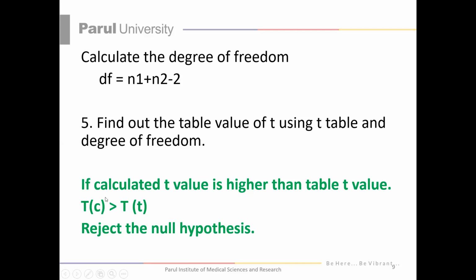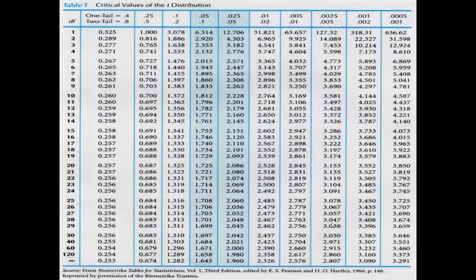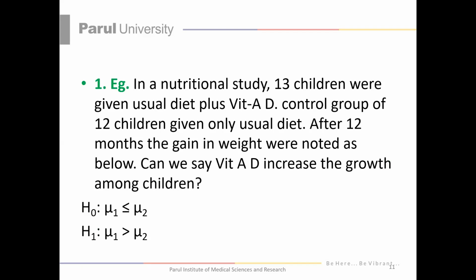If our t calculated is greater than t tabulated, if our calculated value is greater than our critical value or table value, then we reject our null hypothesis and conclude that there is a significant difference between the means of the two populations. These are the basic steps, and this is the critical value table, or t table, for t values. Now let's see one example.